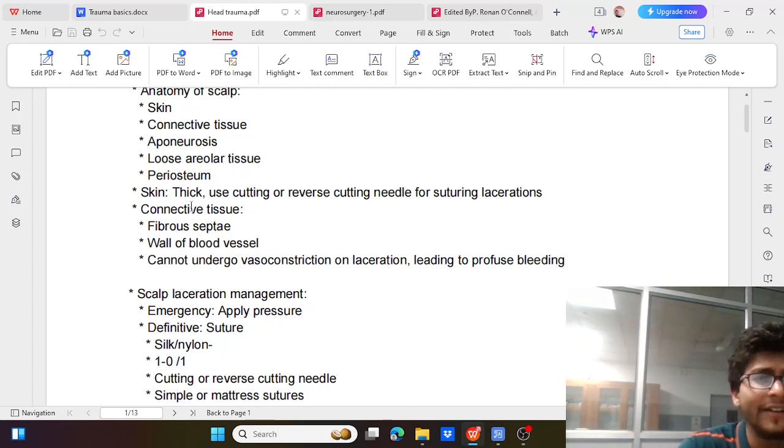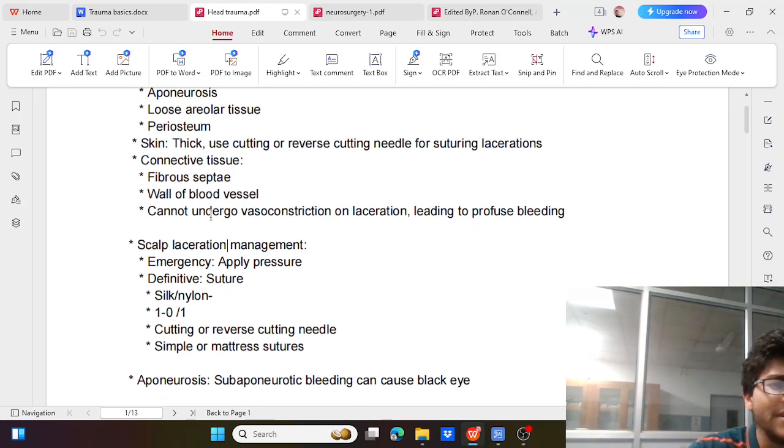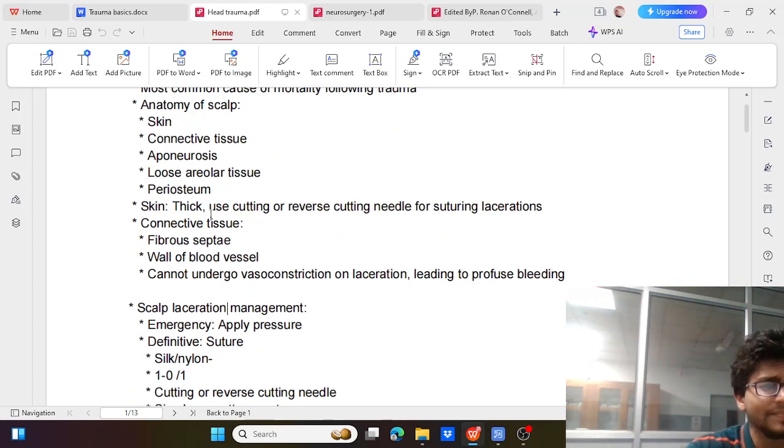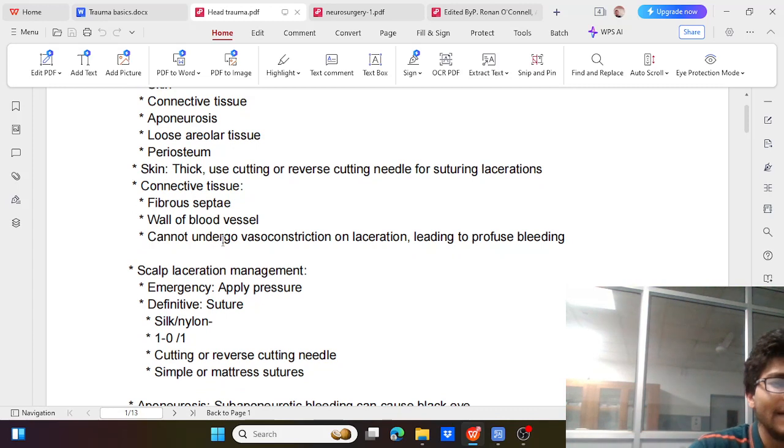Below the skin we have connective tissue, then we have fibrous tissue which connects the aponeurosis to the skin. In that there are blood vessels.